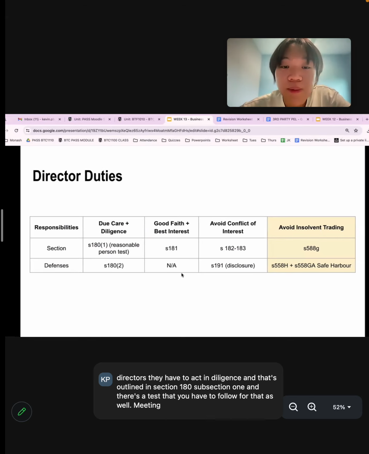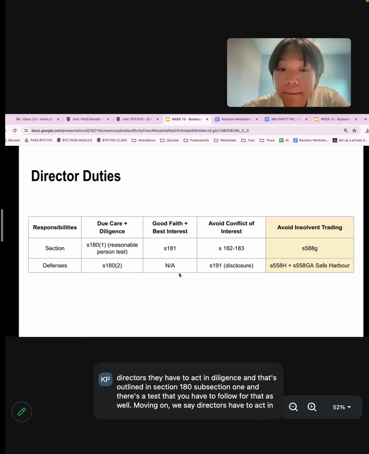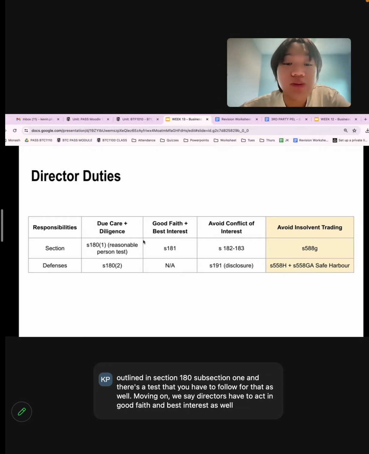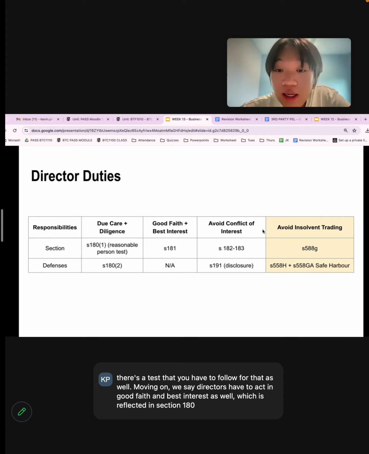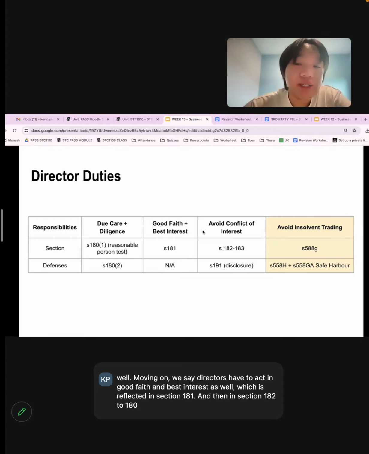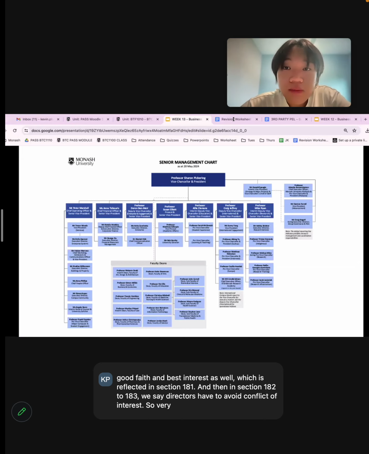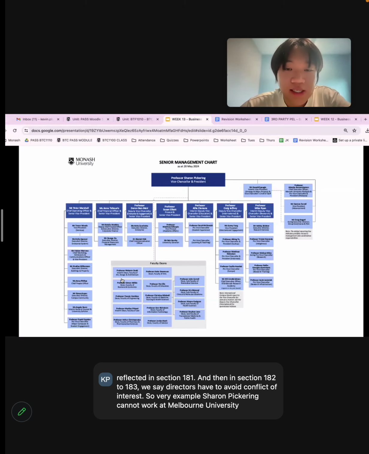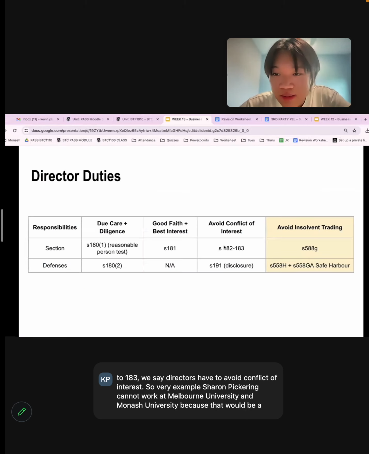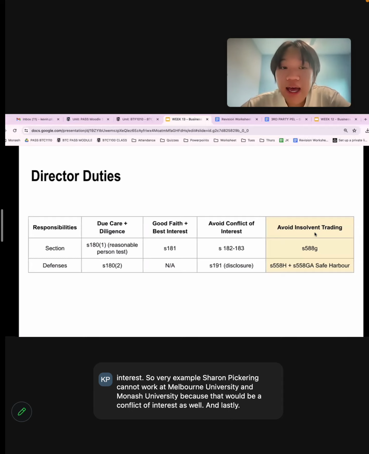Moving on, we say directors have to act in good faith and in the best interest, which is reflected in section 181. And then in sections 182 to 183, we say directors have to avoid conflict of interest. So for example, Sharon Pickering cannot work at Melbourne University and Monash University because that would be a conflict of interest as well. And lastly, we say that directors cannot insolvent trade.